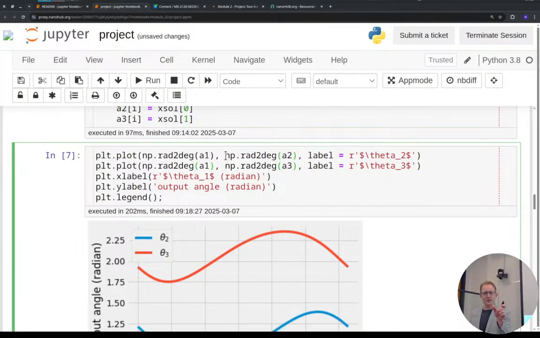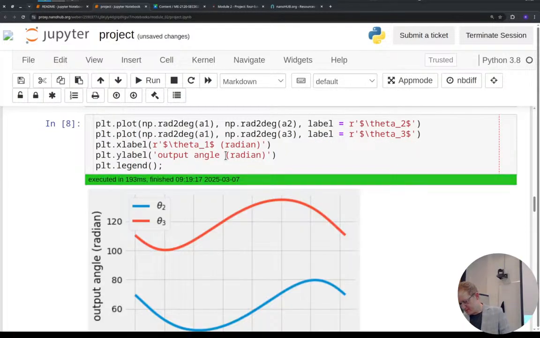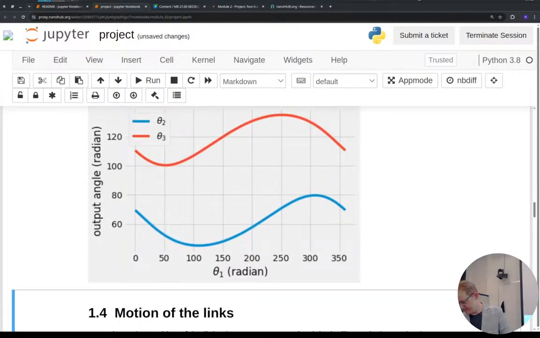All I'm doing is multiplying by 180 and dividing by pi. So, angle 2 started at like 70 degrees and then went down, came back up to 80, and then back down.